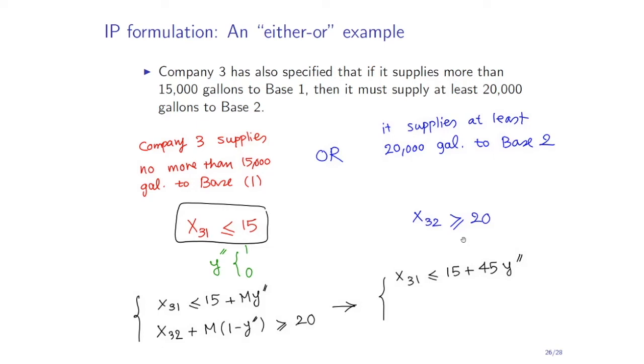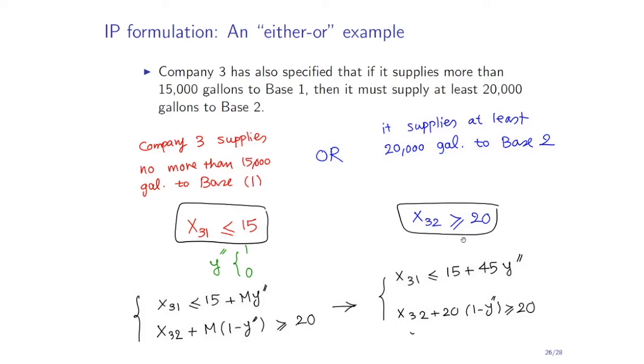How about the other constraint? 32, and here let's see what is an appropriate value for this. 20 is enough, because if I put 20 in here, we had something similar to this before. Then in case that y prime is 1, then I will get the original constraint.